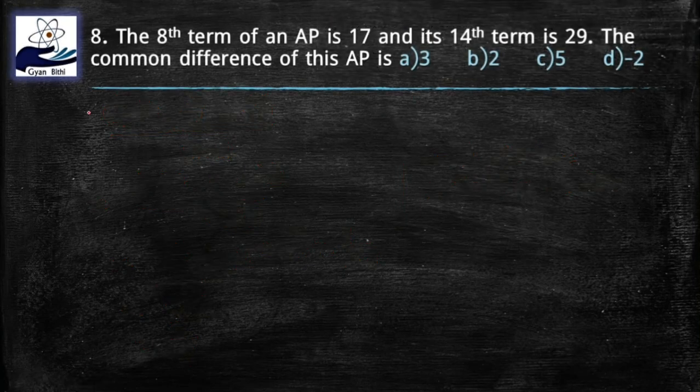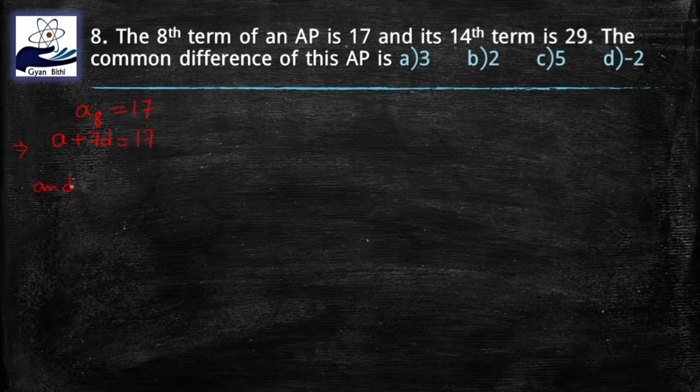Next one, 8th term of an AP is 17. Let the first term be A and the common difference be D. The 8th term A8 of an AP is 17, which implies A plus 7D is equal to 17.